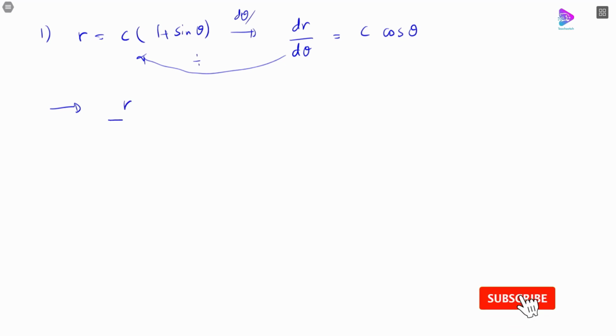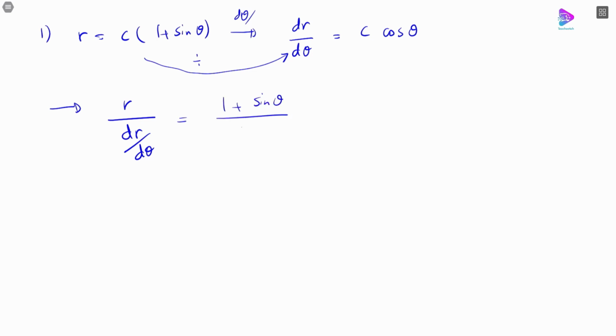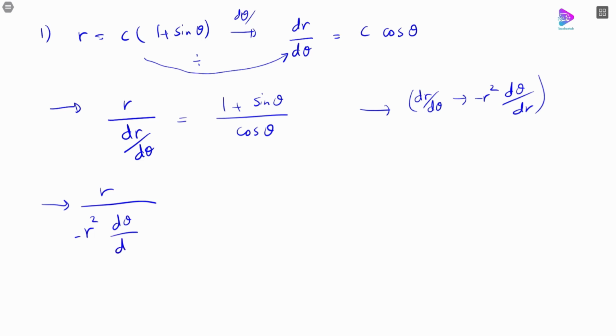So we will end up with r over dr over d theta, sorry, the other way around, equal to 1 plus sine theta over cosine theta. And now we will change, remember, dr over d theta to minus r squared d theta over dr. From here we will get r over minus r squared d theta over dr is equal to 1 plus sine theta over cosine theta.